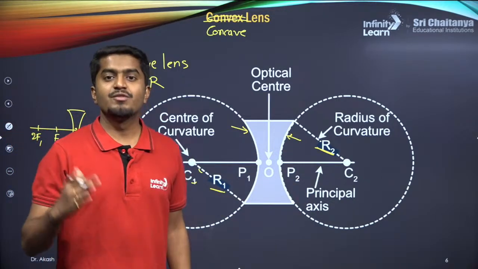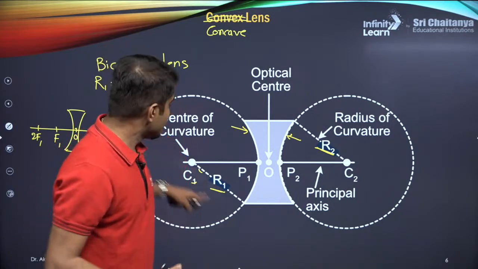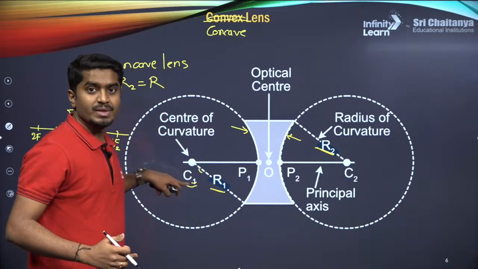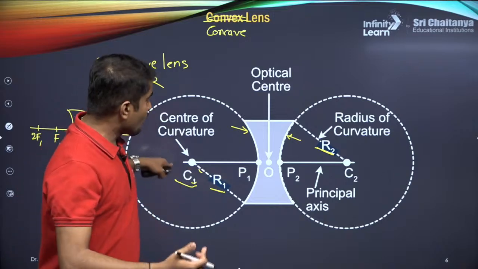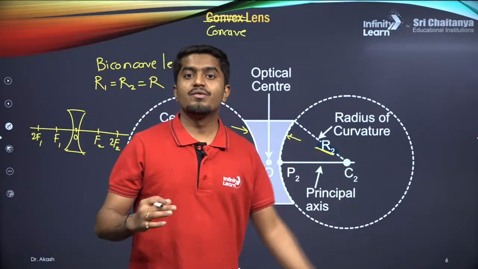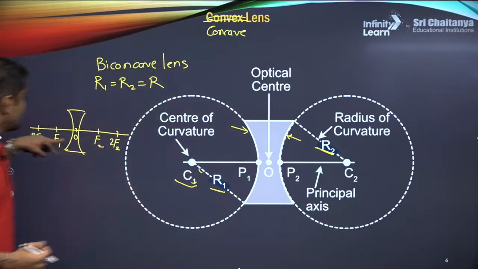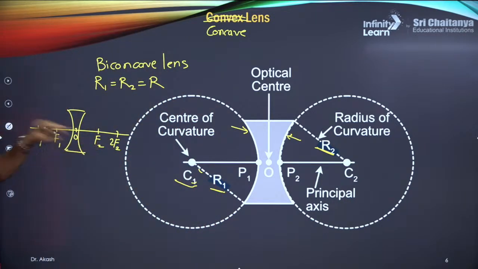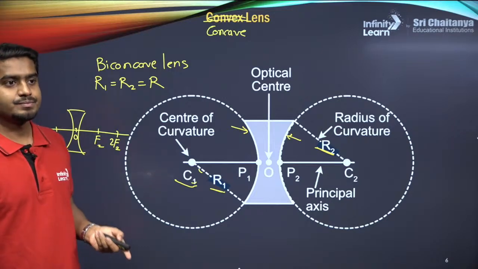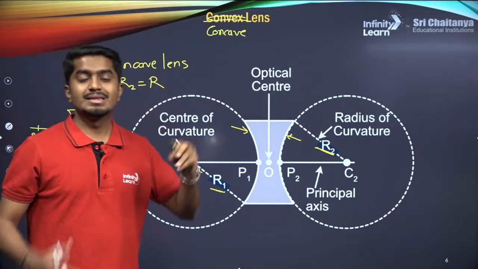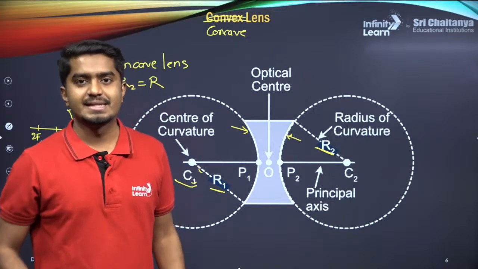In mirrors, we write C1 and C2 because there is only a single center. But in a lens, because we have 2 curvatures, we are not going to write C1 or C2. We are only going to write F1 or F2. Clear? So this is about the structure of the spherical lens.